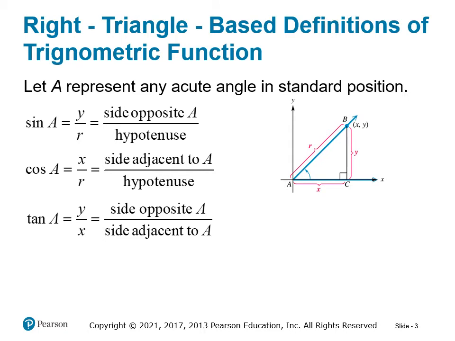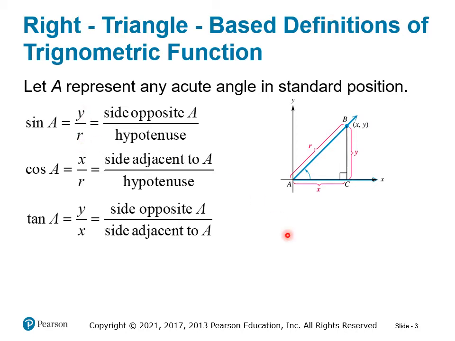So we already looked at when we built a graph from a point xy that we knew that we basically had a right triangle with x and y as two of the sides and r as the hypotenuse, and we figured out formulas for each of the 6 trig functions. For example, sine was y over r.